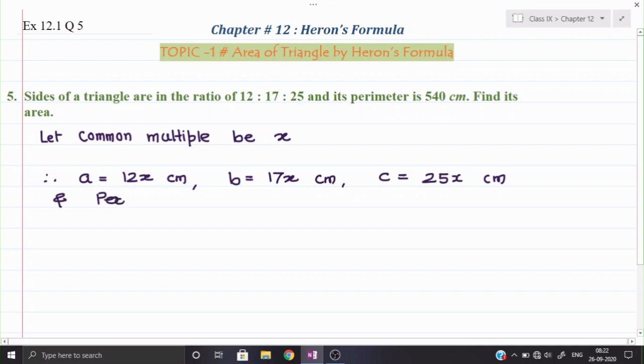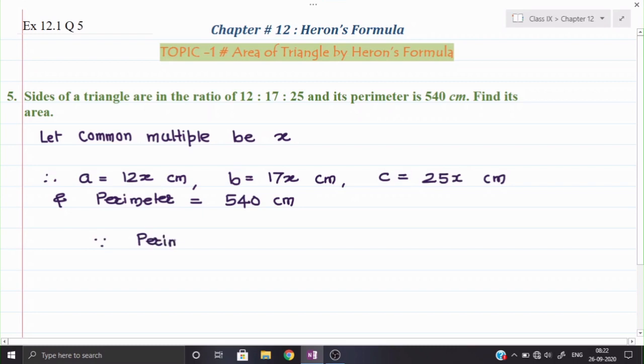Perimeter. You see in the question the perimeter is given as 540 centimeter, right? So now first of all we shall apply the formula for the perimeter of a triangle.